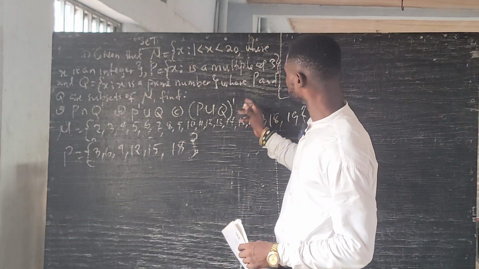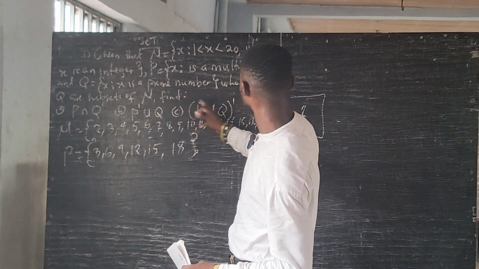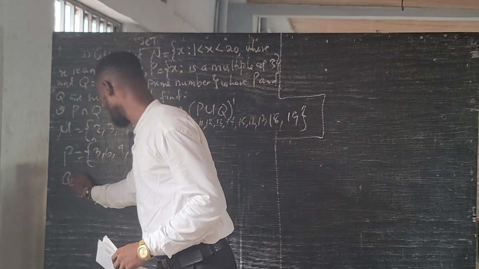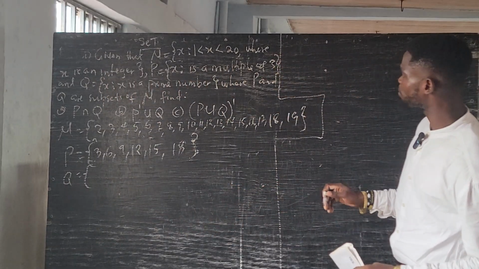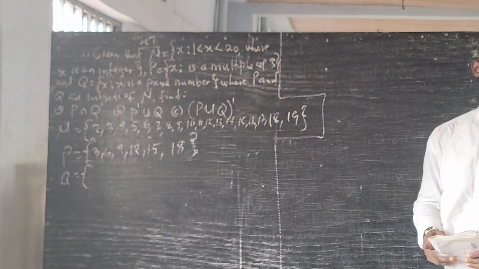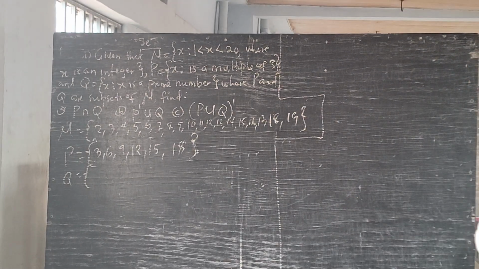Then the second one is Q. They say Q is a prime number. You know what a prime number is? Prime numbers are numbers that can be divided by 1 and itself alone.